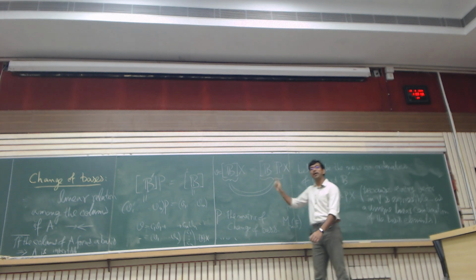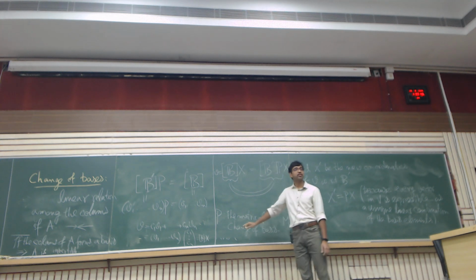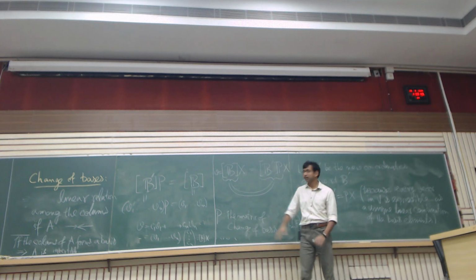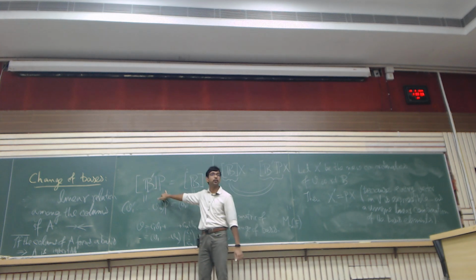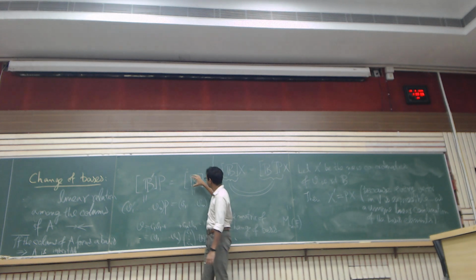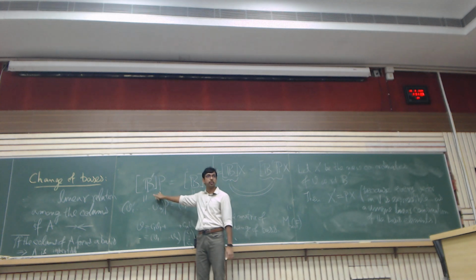So now let's go back to the proposition that we have done earlier. But at first, change of basis is quite a simple thing. You go from the old basis to the new basis just by multiplying with the matrix of change of basis. Ganesh, are you paying attention? So this is the matrix of change of basis. You go from the old basis to the new basis by multiplying on the right with the matrix of change of basis.